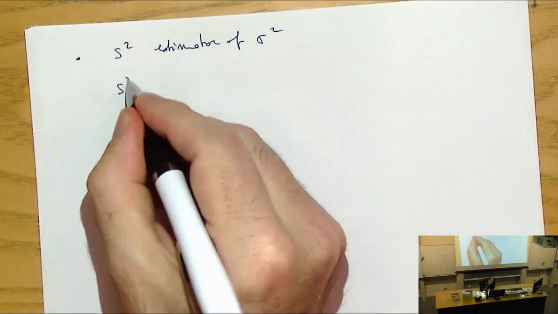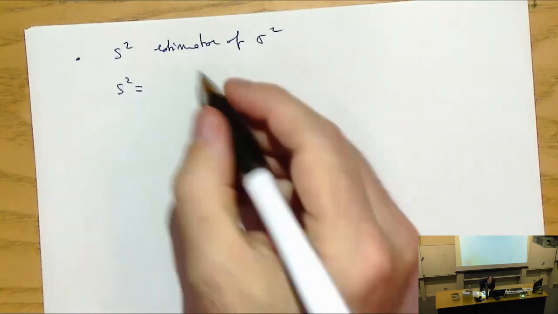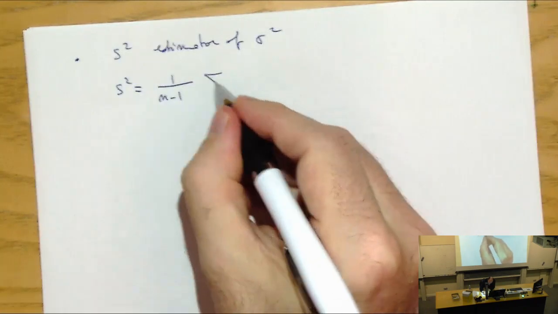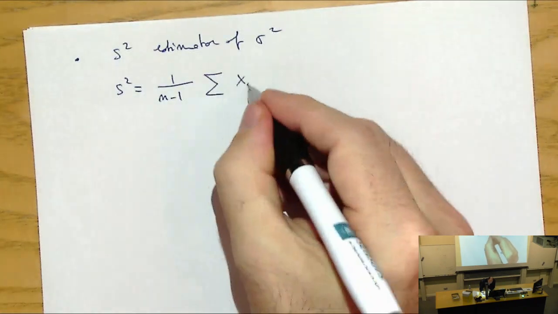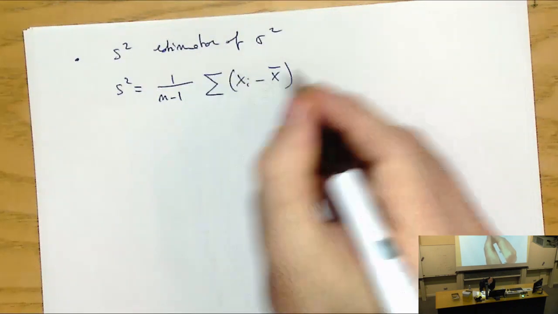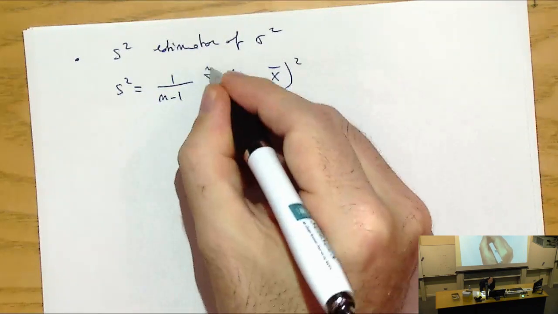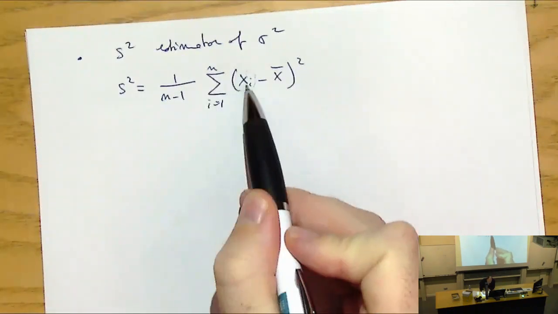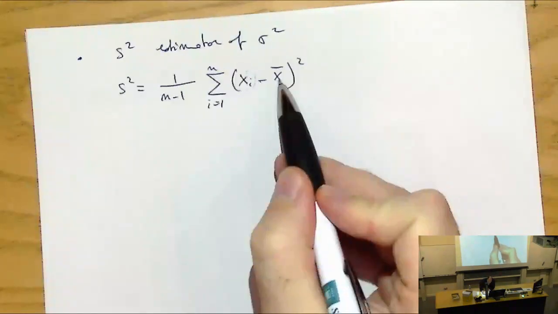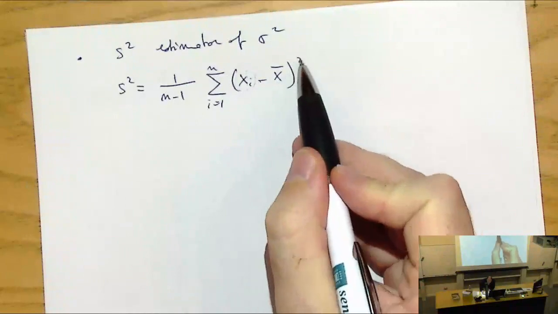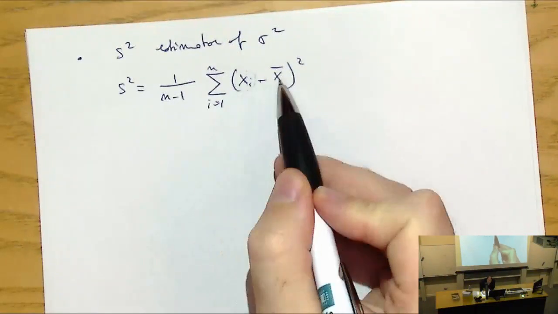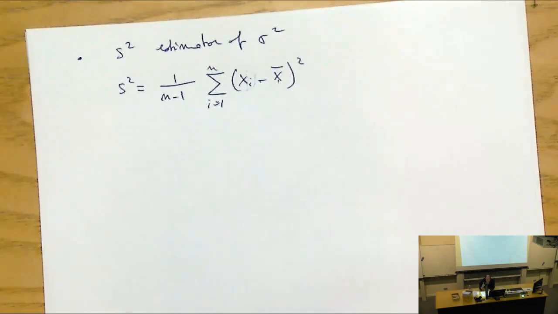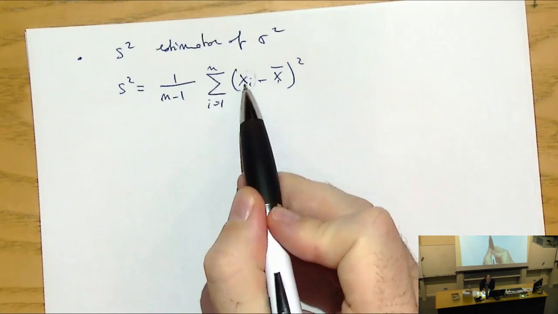How we're going to define S square is a little bit funny: it is 1 over n minus 1, and I sum something very similar to a variance. I have a random variable minus a sample mean, and I take the square of the deviation between xi and the sample mean. The sample mean x bar here is not the same as the expectation of xi.